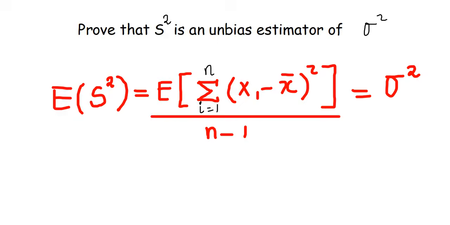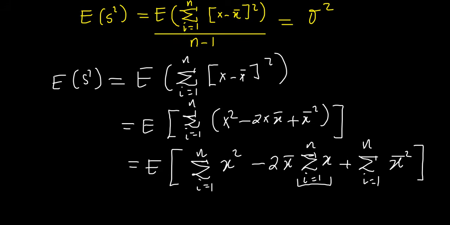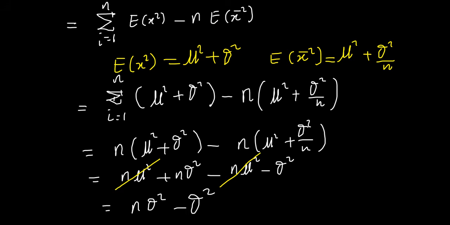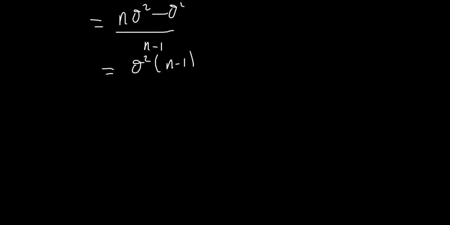Remember at the beginning we said that first we'll leave out the denominator. I'll bring back the denominator. So we are having n sigma squared minus sigma squared. I'll bring back the n minus 1 which was in the denominator. On top, I'm going to factorize sigma squared. We'll remain with n minus 1. Down we also have n minus 1.